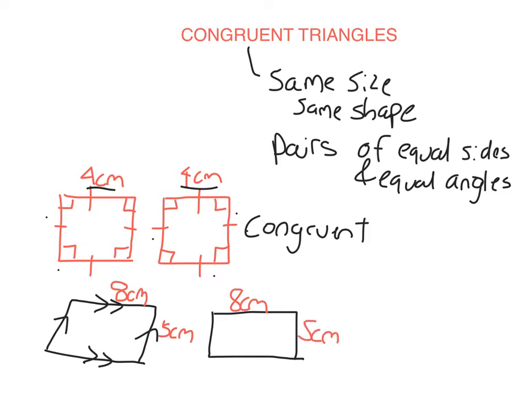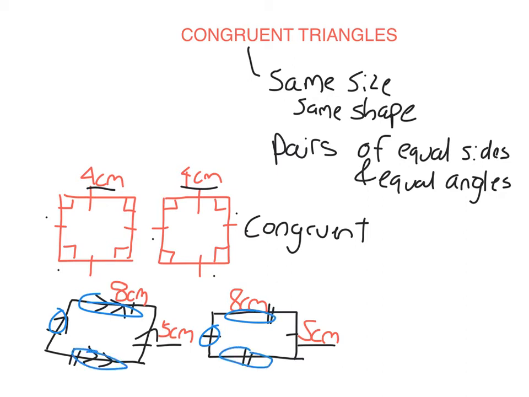Because of the properties of rectangles and parallelograms, opposite sides are equal to each other. So each side in the parallelogram has a corresponding side in the rectangle. This side and this side correspond. This side and this side correspond because they're both 5 centimeters. This one and this one correspond, and this one and this one.